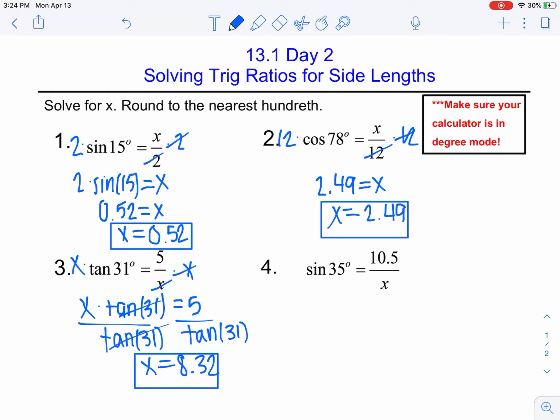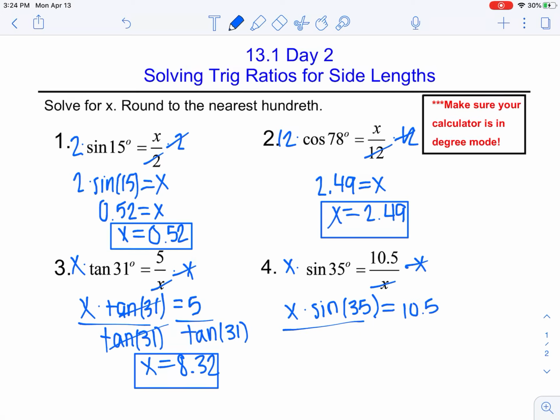Number 4 says sine of 35 degrees equals 10.5 over x. Let's start again by multiplying both sides by x. So now we have x times the sine of 35 equals 10.5.